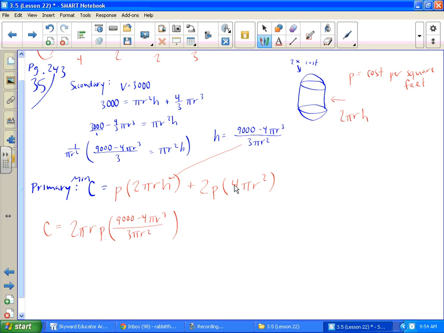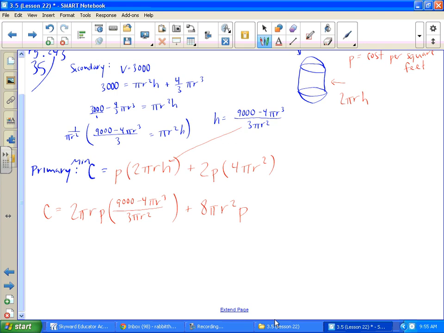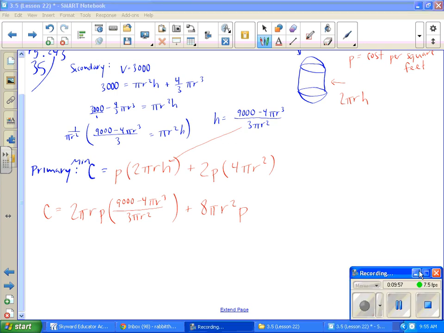And then back here we have 8 pi r squared p. So any questions to that point?